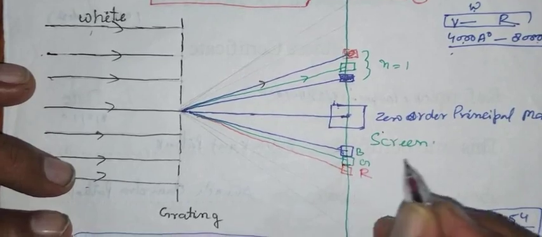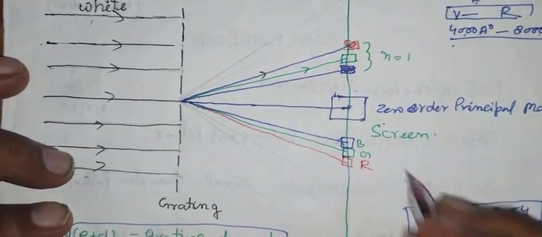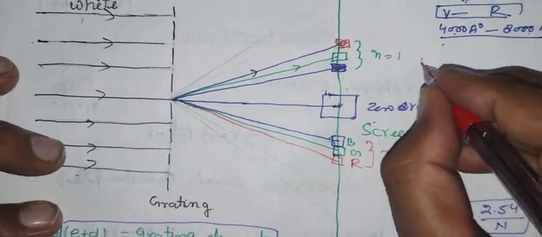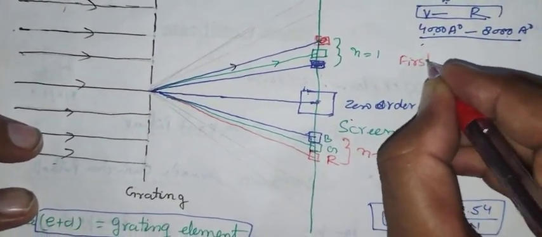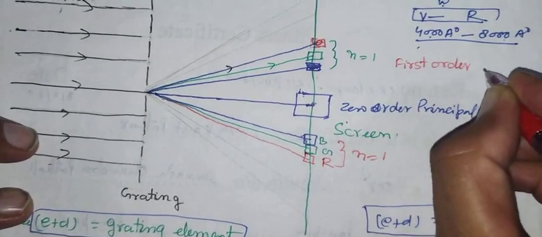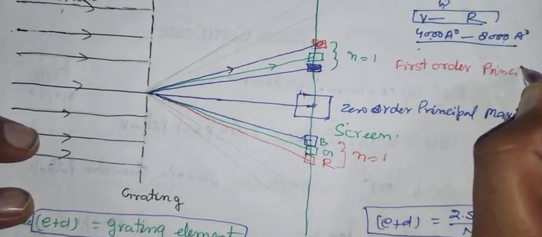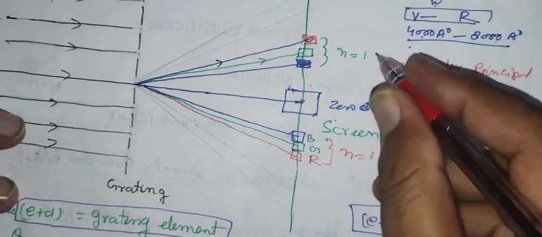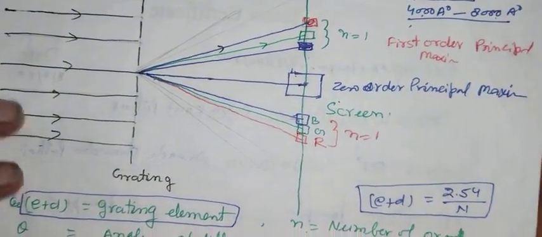Separate color bands were formed for n = 1. This is called the first order principal maxima on either side, in both sides of that.